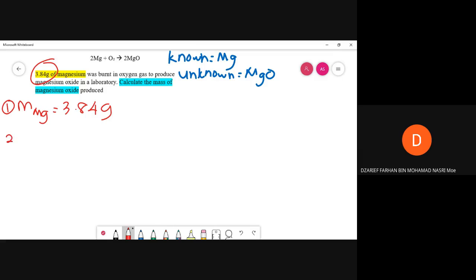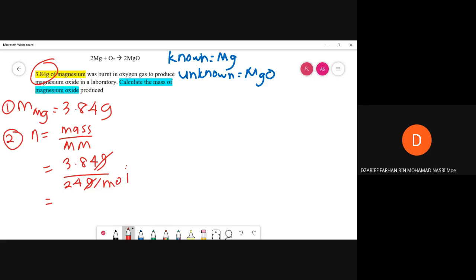Then, second step is to find the number of mole for magnesium. So the formula is n equals to mass over molar mass. Mass is 3.84 gram, divided by molar mass for magnesium, that is 24 gram per mole. Gram and gram can cancel.